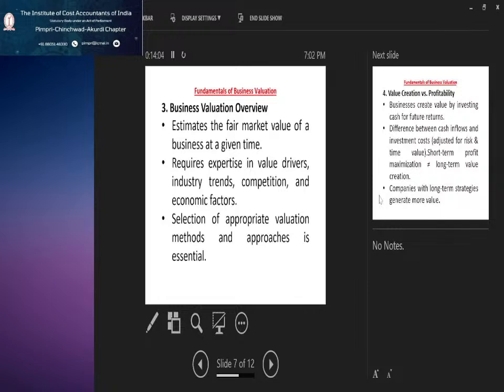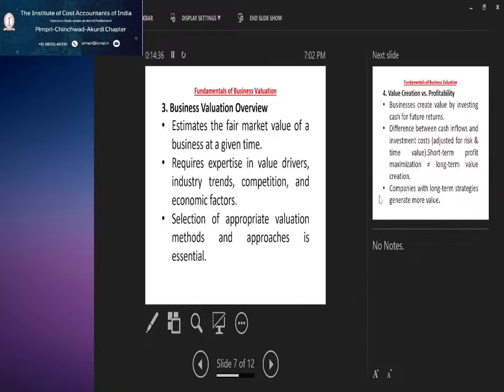The expert judgment, opinion or views are essential to determine what the value drivers of a particular business are, what the industry trends are, what the competition is, how the competition is performing, and overall the economic factors, because normally the economic factors are always VUCA, which is volatile, uncertain, complex and ambiguous as well.